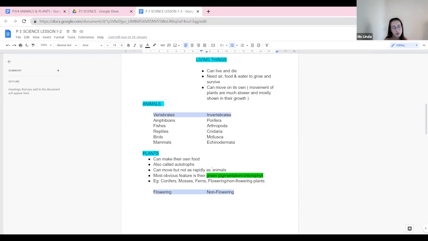I would give the example of mimosa. Has anyone touched mimosa before? You should have, because it's very interesting. Most of the time, you can find them in the field. When you accidentally brush your feet against them, they will quickly close. The movement is a lot faster when they close compared to when they open. Once when I was younger, I sat there and checked how long they take to open.